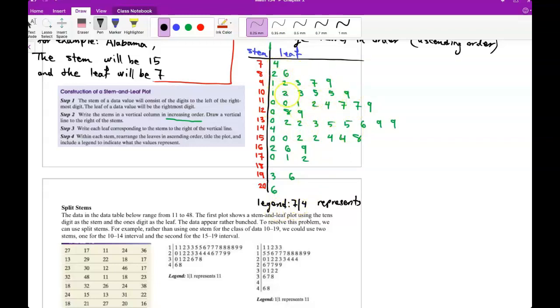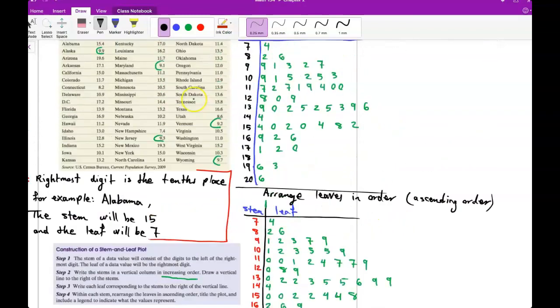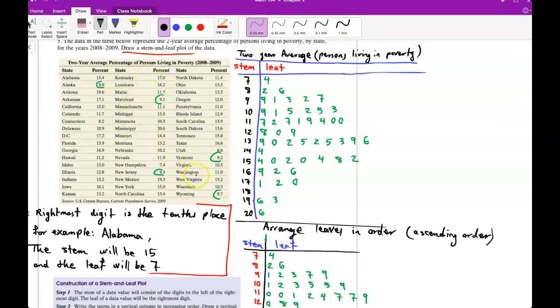You only need to focus on how to construct, write these numbers, so stem and leaves, and also arranging them. So this is 7.4. So here is what the stem is, and here is what the leaf is, and that is representing this number 7.4, which is here on this table.